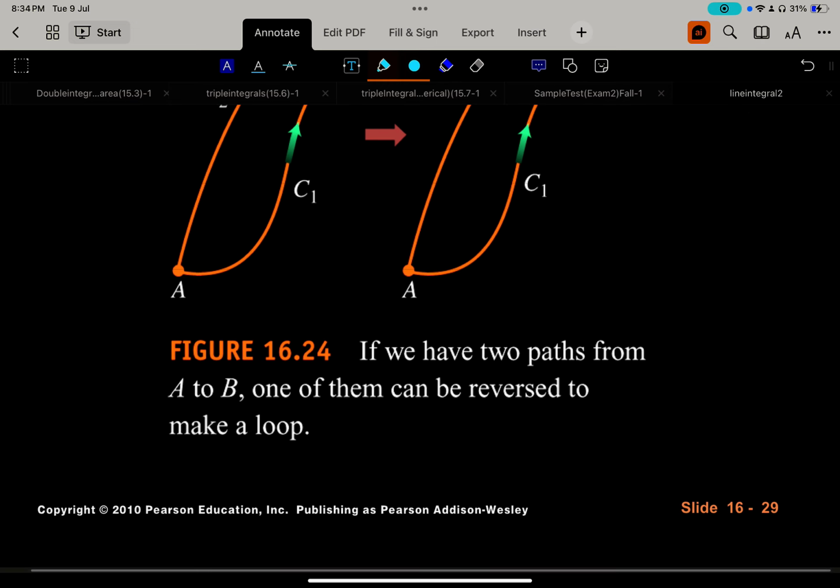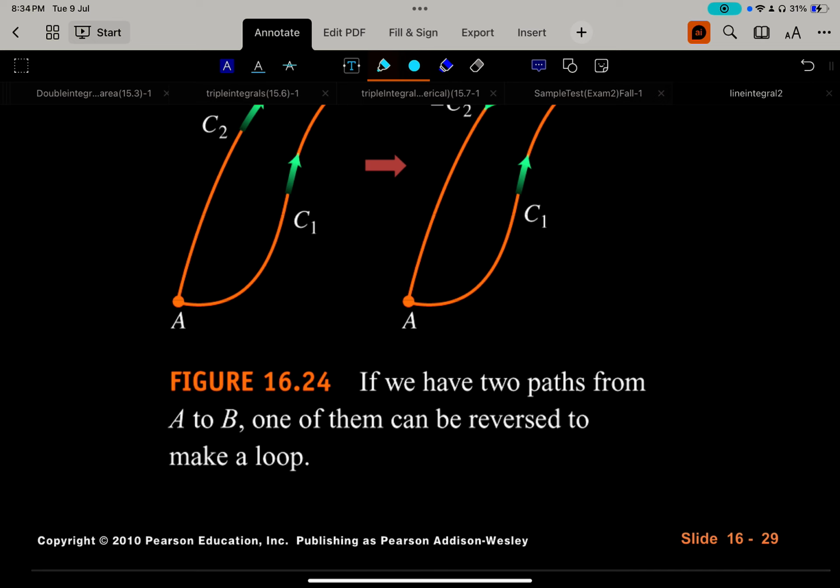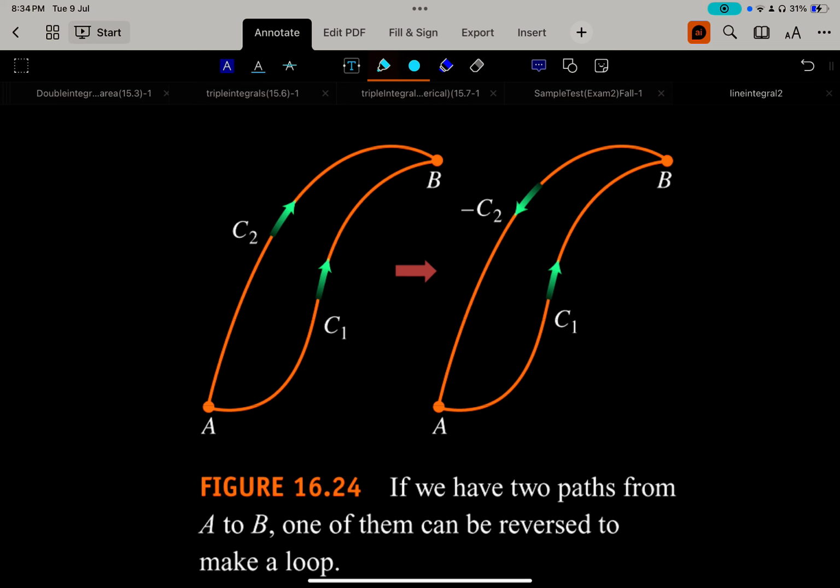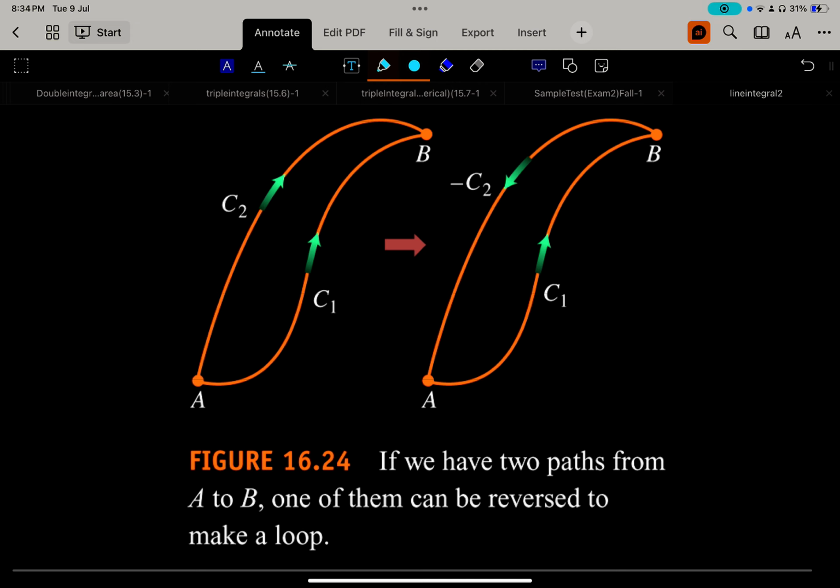So if we have two paths from A to B, one of them can be reversed to make a loop. And if the result around the loop is 0, then the field is conservative. That's very simple.